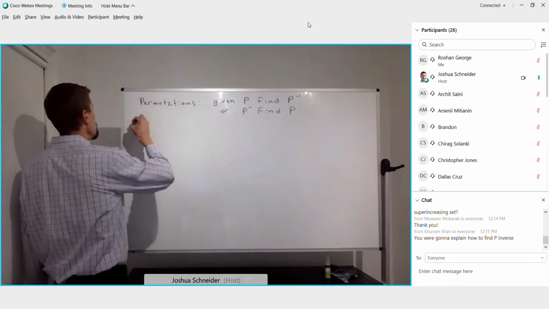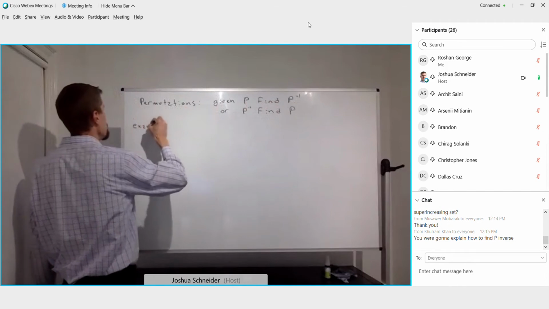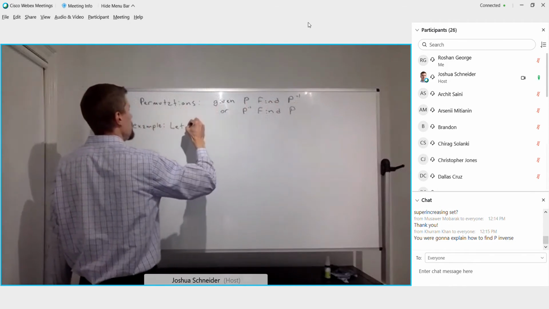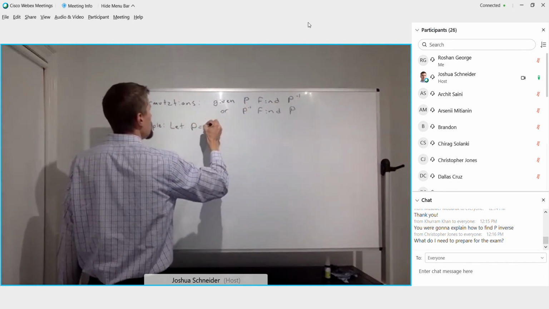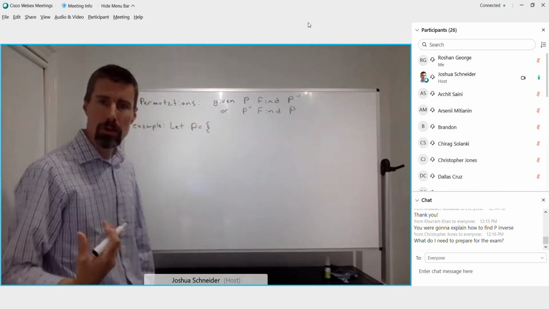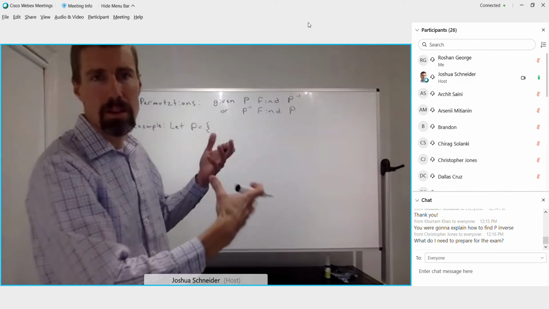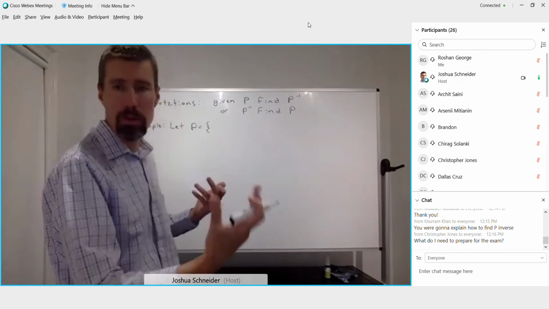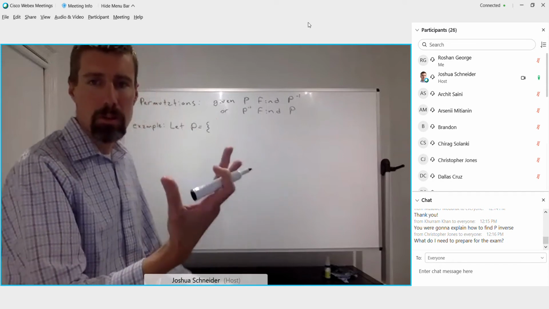So here's an example. Let's say P is equal to, and here we'll write it in the form that you're used to, as 7 integers, the integers 1 through 7, but permuted in some way, right?